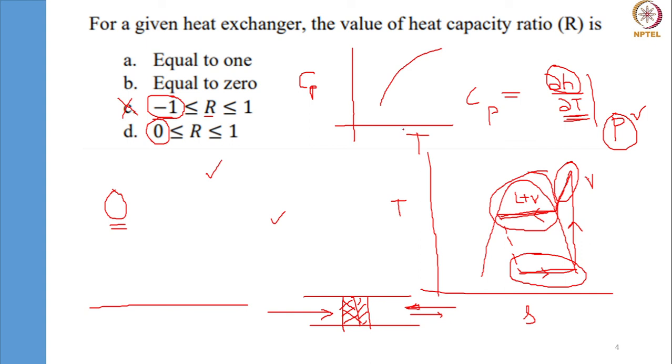If you compare Cp of hot fluid at one pressure and Cp of cold fluid at another pressure, they might vary. For example, Cp of nitrogen at 300 Kelvin will be higher than at 150 Kelvin because the temperature is higher.